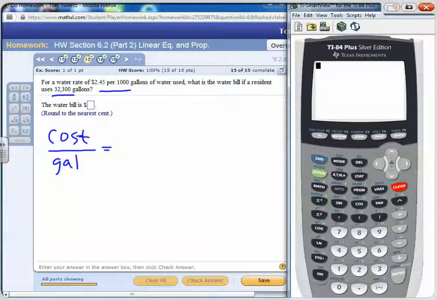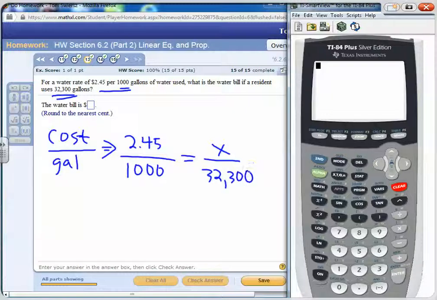Well, what is one set of data that's given? We know the cost was $2.45 per 1,000. What is the water bill, the cost? So we're missing the value in the numerator. The gallons are 32,300. The amount of water in gallons is 32,300.